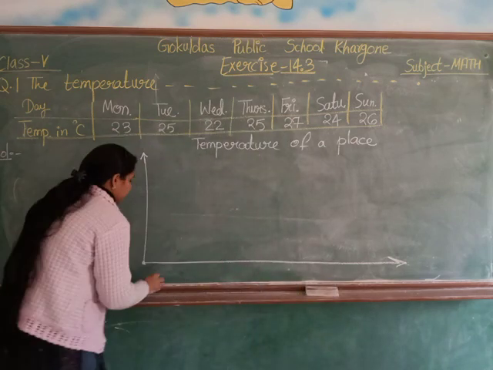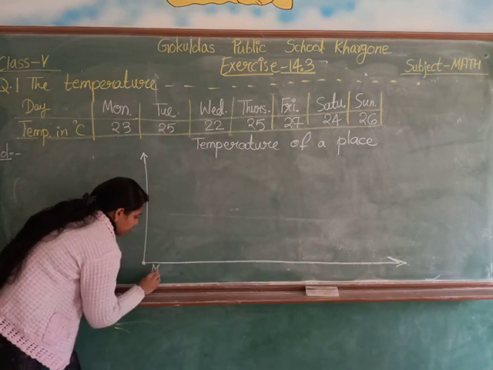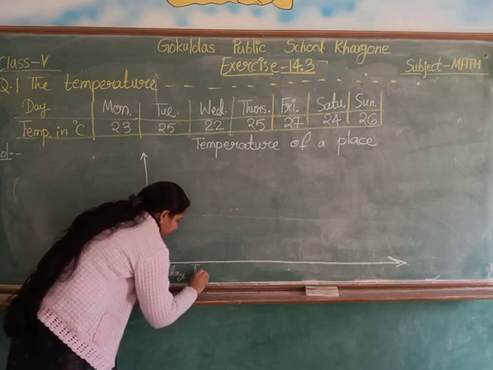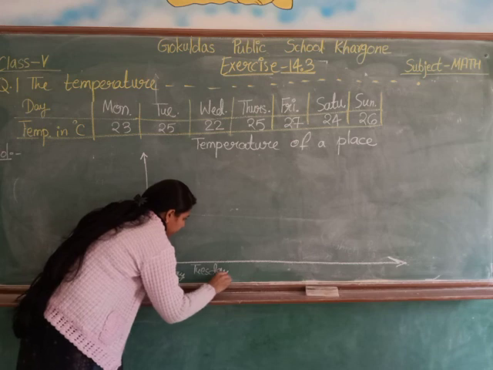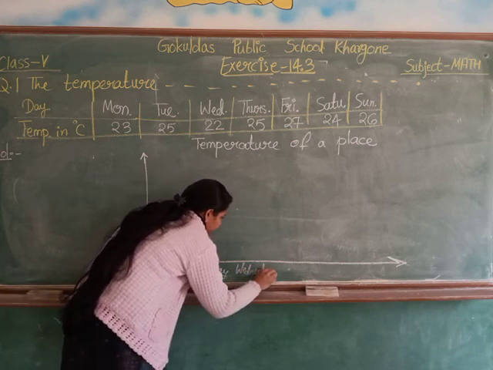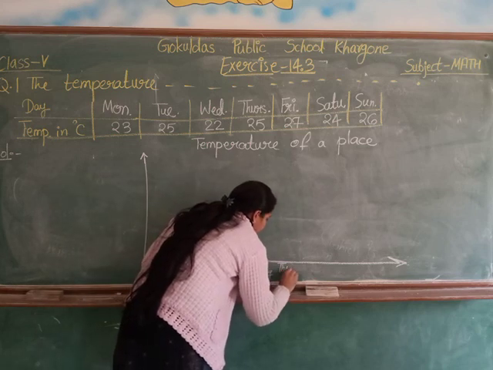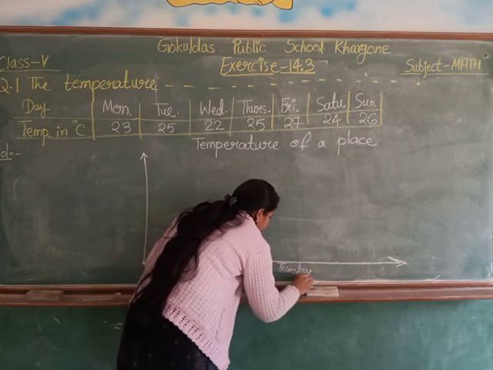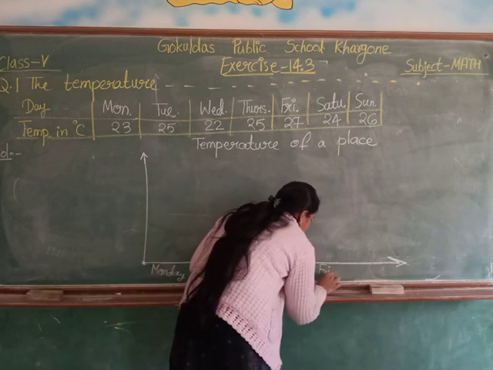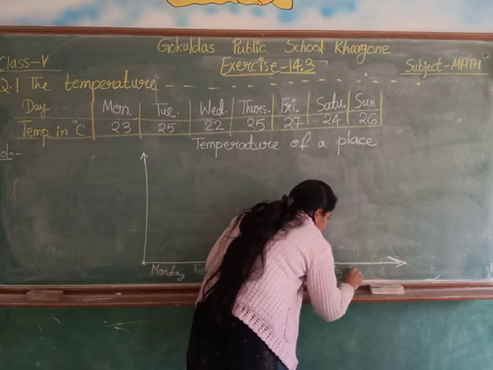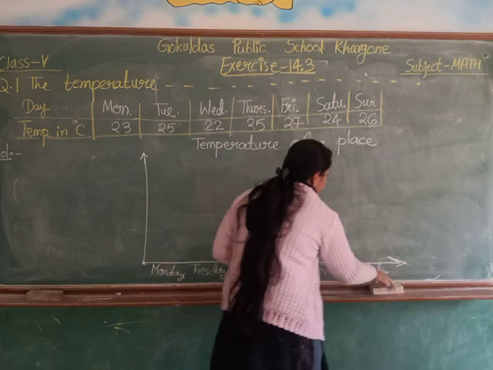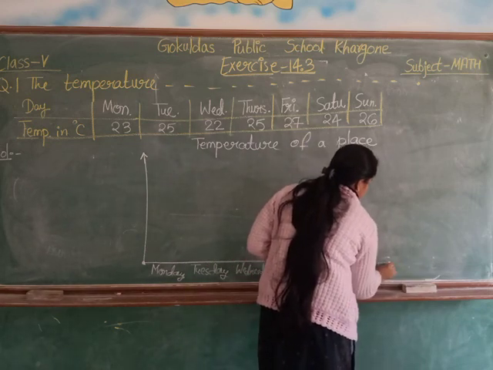So I am going to write the days: Monday, Tuesday, Wednesday, then Thursday, then Friday, Saturday, and the last day is Sunday.